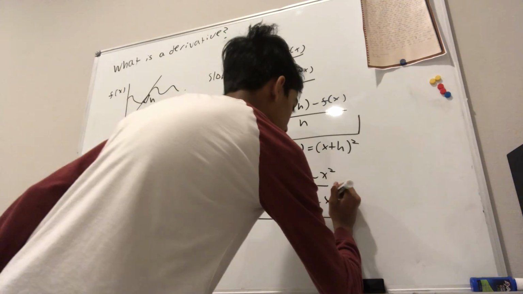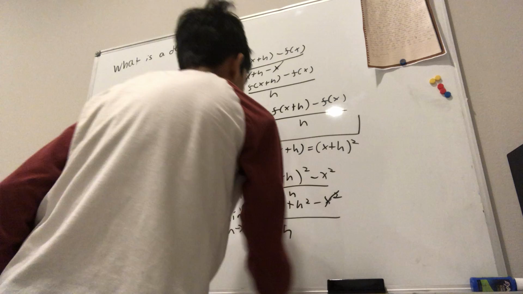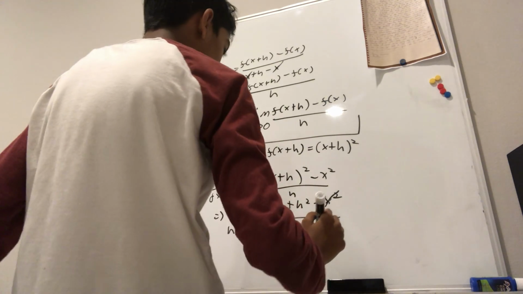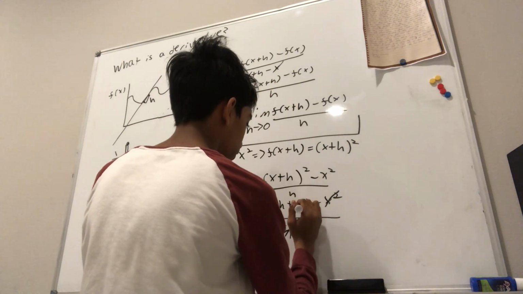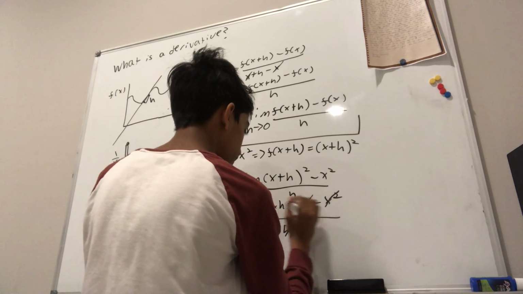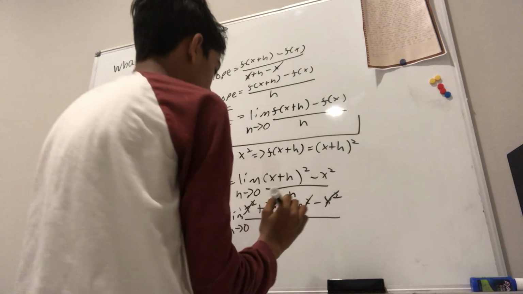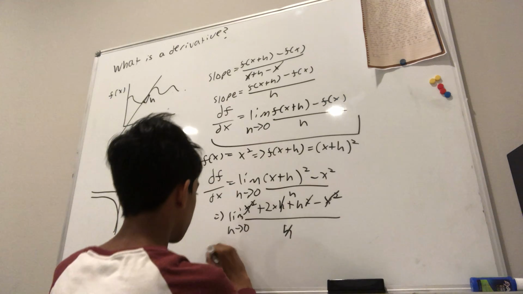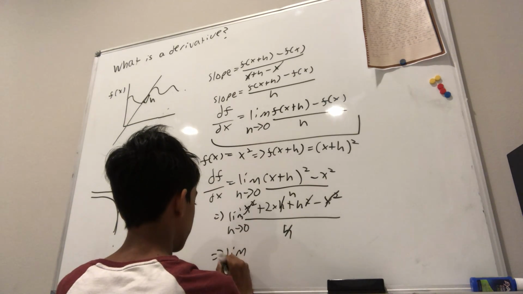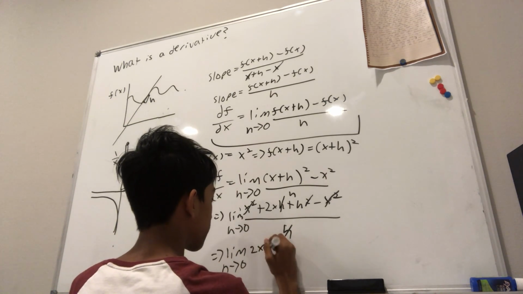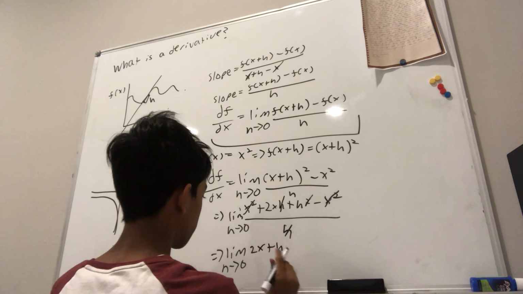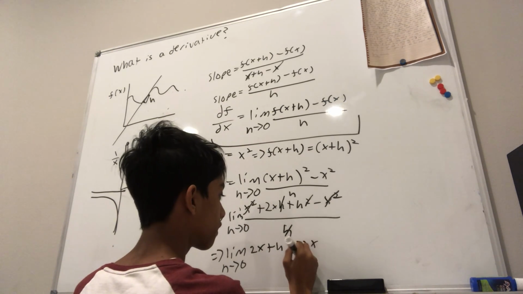So you can see these x squareds just cancel out. And interestingly enough, these h's also cancel out. So this is just equal to the limit as h goes to 0 of 2x plus h. And well, this is just 2x.